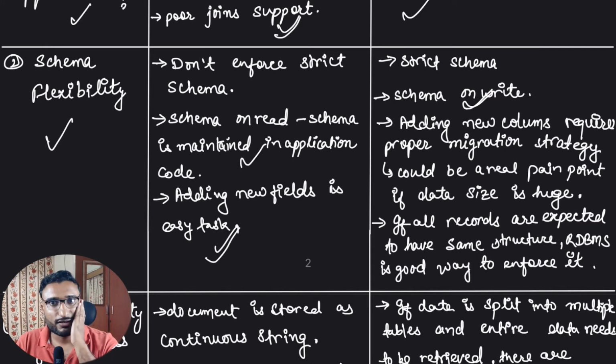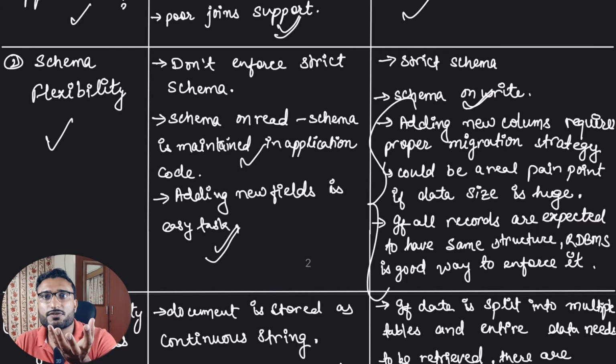Now if we talk about this specific point, it says that in case of migration, let's say you are adding a new column, it could be a pain point, because you will have to specify that schema in the table and then dump the data, or probably you have to migrate from table 1 to 2 because you have modified the schema.